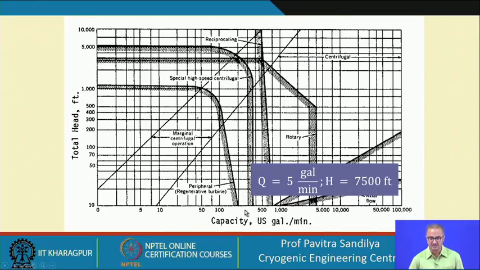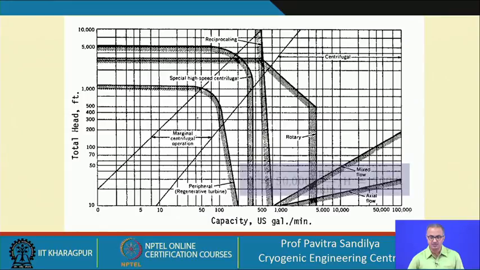So, on this x axis we shall locate the flow rate at 5, and on the y axis we shall locate the head, and wherever these two lines intersect, we see that this intersection point falls in this zone. So, in this zone we are going to use a reciprocating pump.